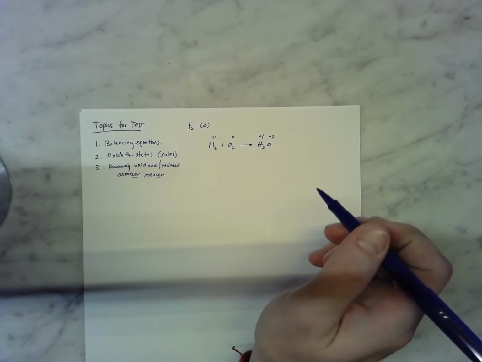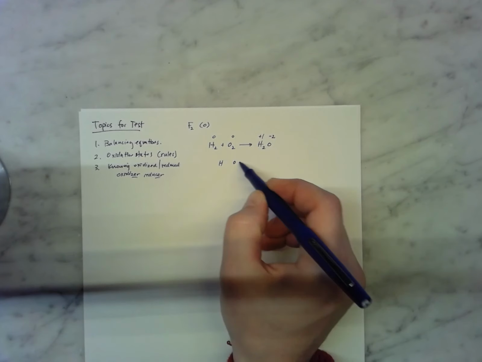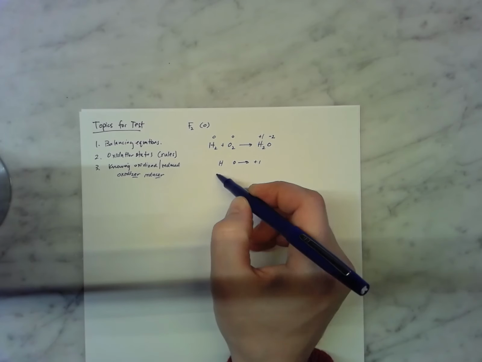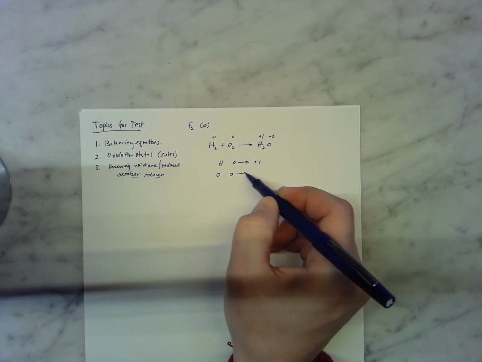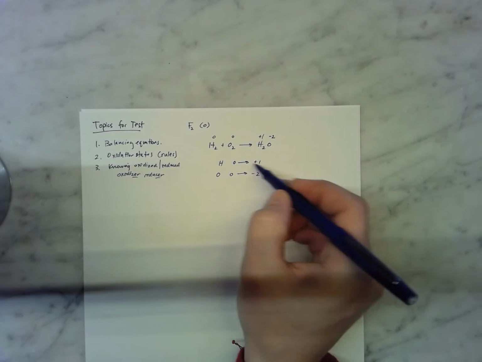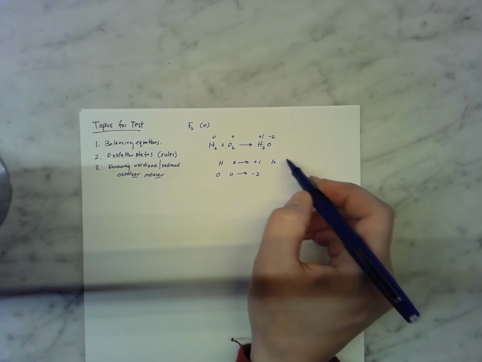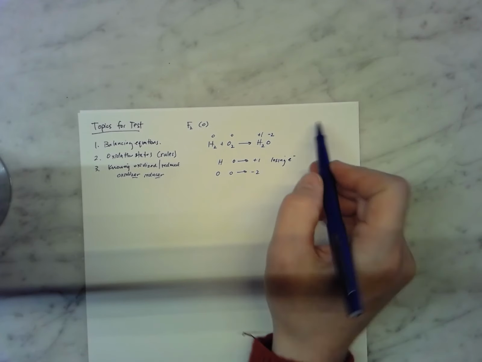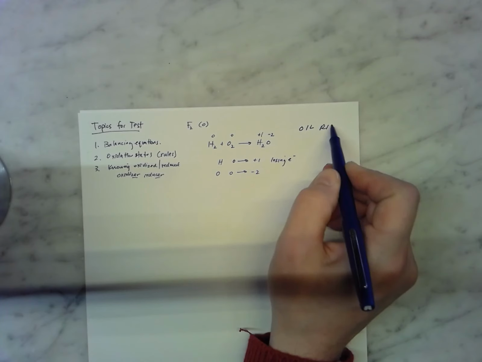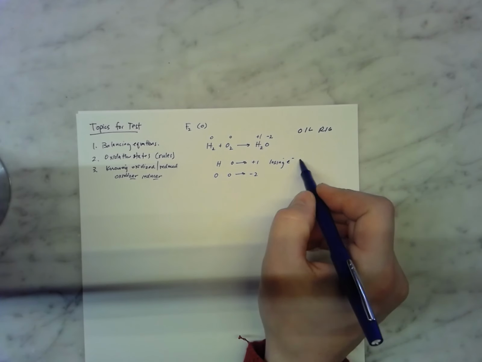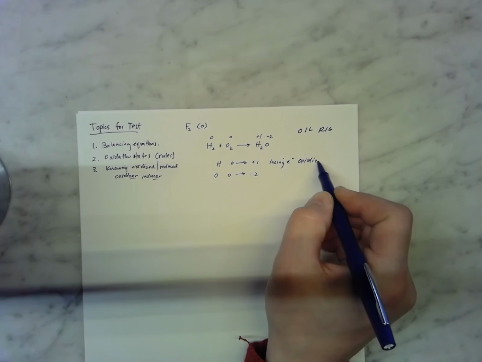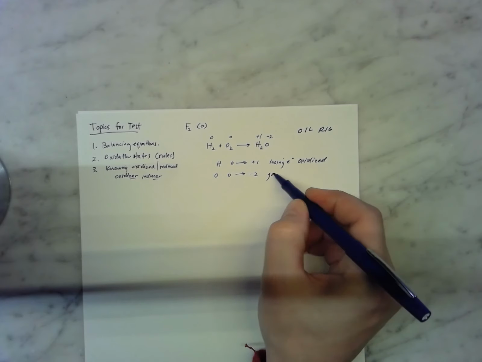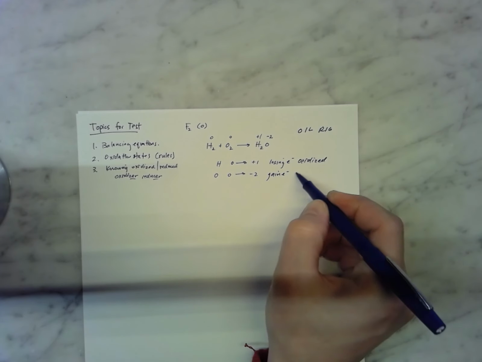Okay? All right, so H goes from 0 to +1. O goes from 0 to -2. If you go positive, that means you're losing electrons, which is what? We have OIL RIG. Lose electrons, you're oxidized. Gain electrons, reduced.